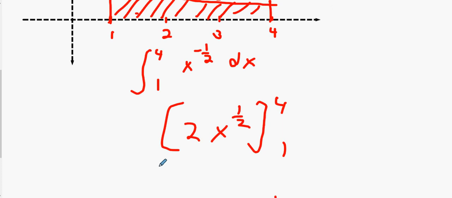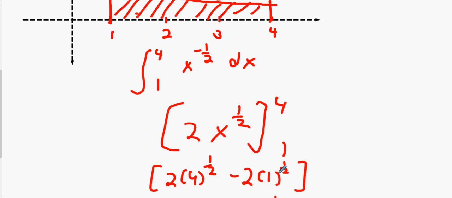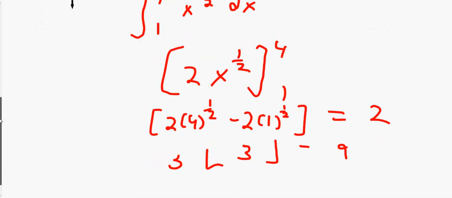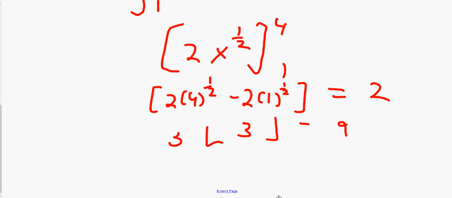It's going to be 2 times 4 to the power of a half minus 2 times 1 to the power of a half. 4 take away 2 is 2. Is everybody cool with that? All good? Alright. Happy days. Right. Alright, let's move on. Any other questions from this exercise?